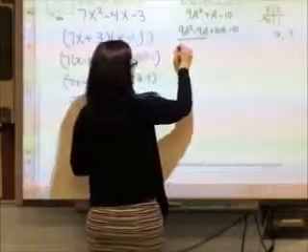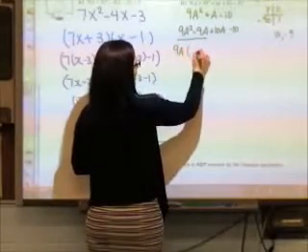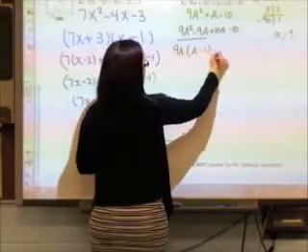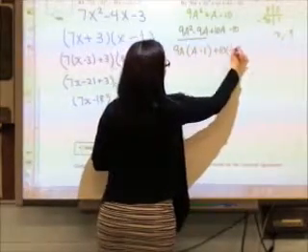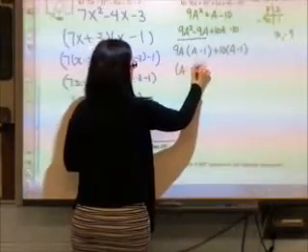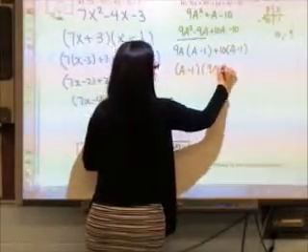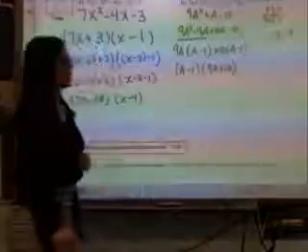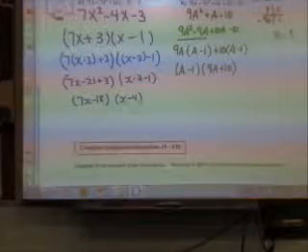So now I can factor out a 9A, and I'm left with A minus 1, factor out a 10, same thing. So I'm left with A minus 1 and a 9A plus 10.